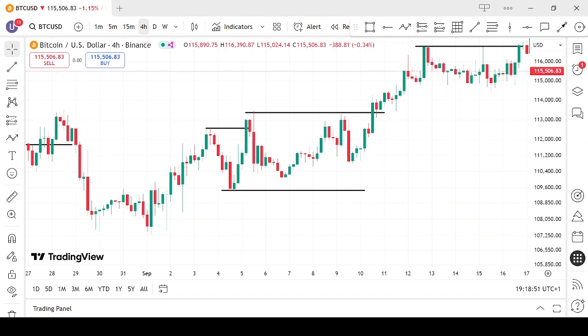The eighth step would be to control your emotions and trading psychology. Successful trading is not just about charts, it is also about controlling your emotions. Cryptocurrency prices can swing widely and panic selling or greed buying often leads to mistakes. So you will need to first of all stick to your trading plan.